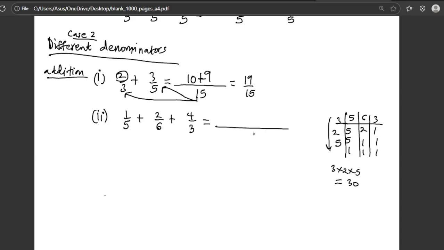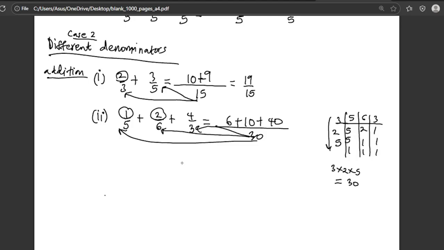The LCM is 30. Following the same procedure, 30 divided by 5 is 6, times 1, plus 30 divided by 6 is 5, times 2 is 10, plus 30 divided by 3 is 10, times 4 is 40.